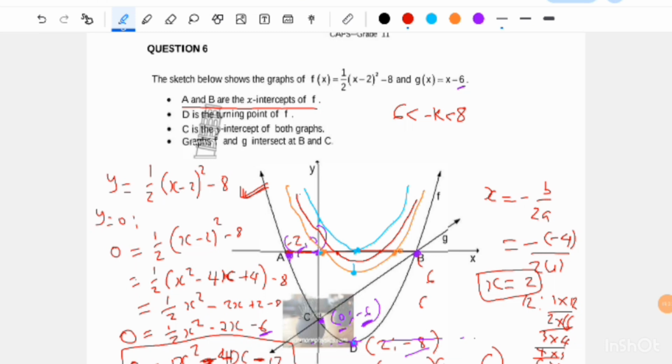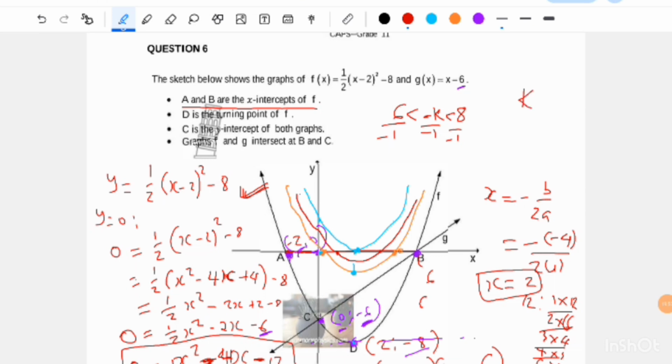However, because we're looking for a k value, here we have a negative k, so it means we'll divide this side by negative, divide this side by negative. So when we divide each side by negative, the rules of inequality tell us that when you divide by a negative, your sign changes.